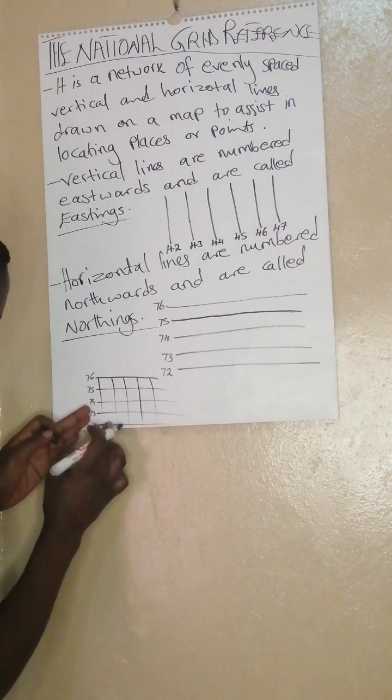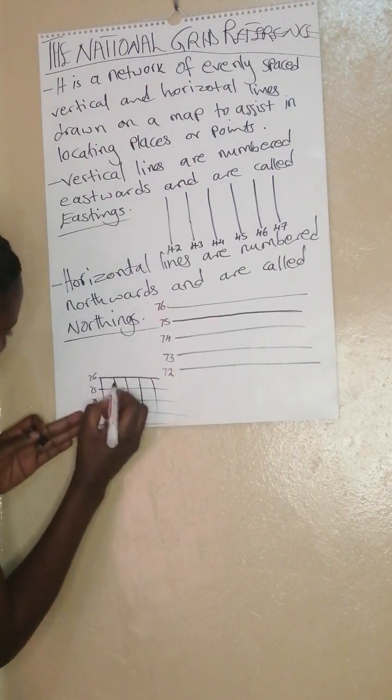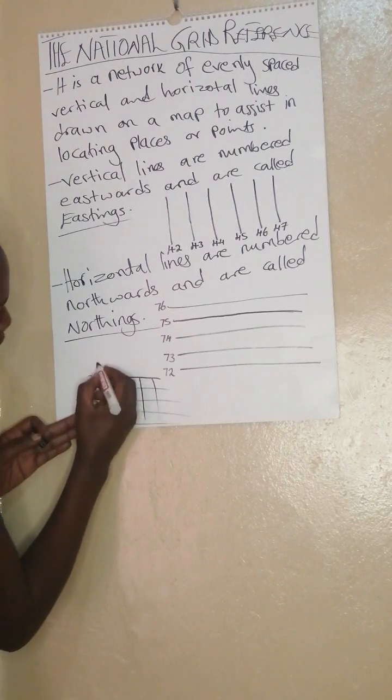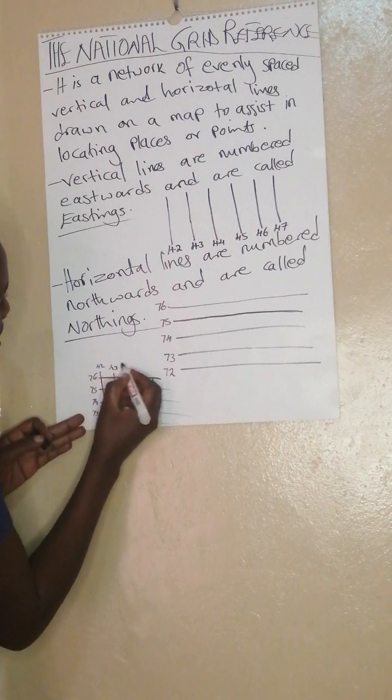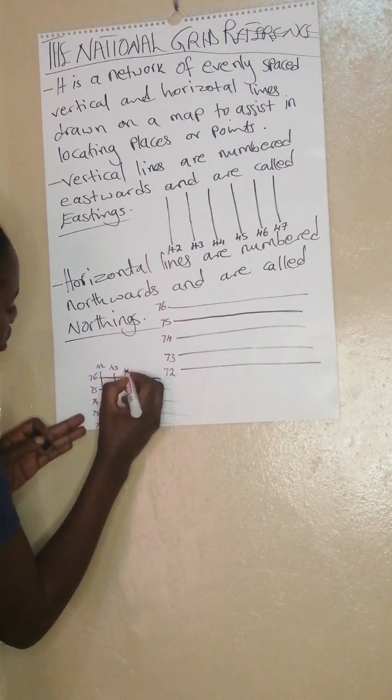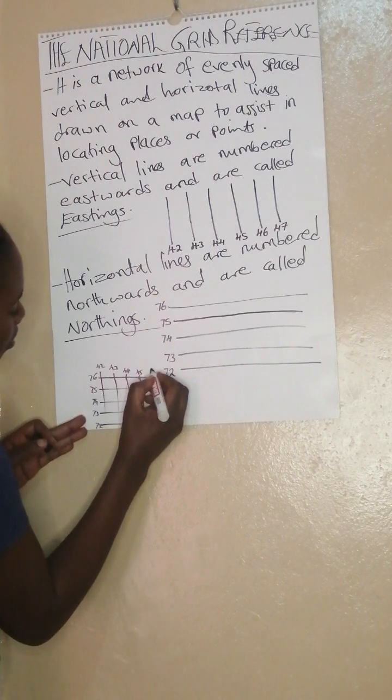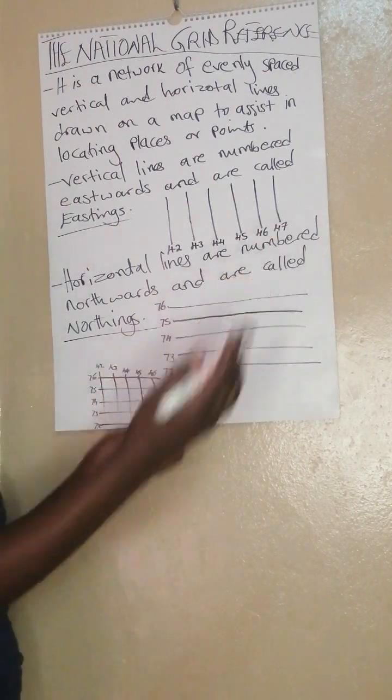Then for the eastings, we have 42, 43, 44, 45, and 46. It goes like that.